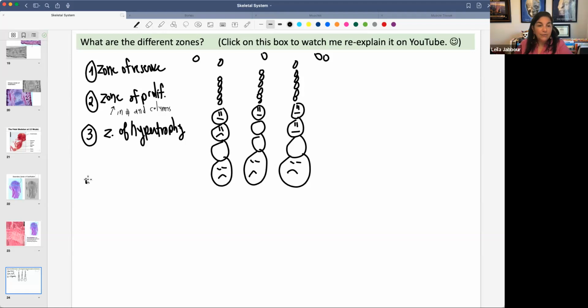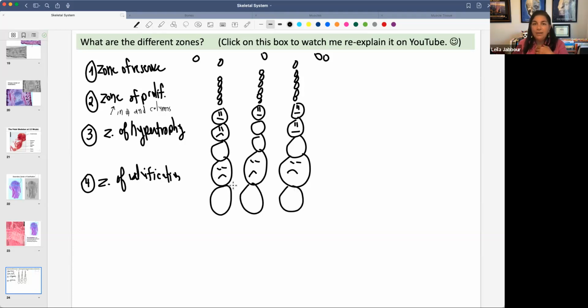And then we arrive in the 4th zone, that's zone of calcification. So what happens in zone of calcification is we have these cells that are just dying, right? Inside the lacunae, the cells are dying. But what's happening is that we have calcium phosphate deposits.